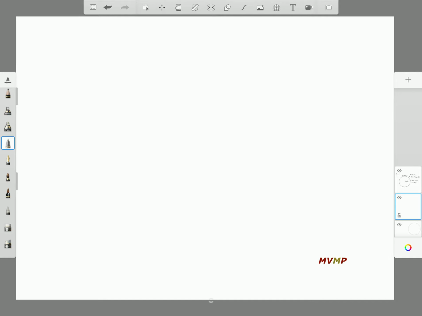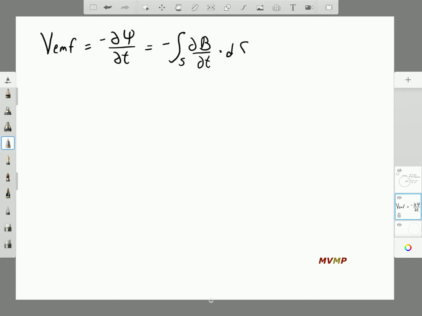Since this is chapter 9, we're going to be using Faraday's law, which states that the induced voltage EMF equals the negative derivative of the flux with respect to time, and this further can be simplified as the negative integral of the derivative of B with respect to t times dS, which is just the negative derivative of the B field with respect to time times the surface.